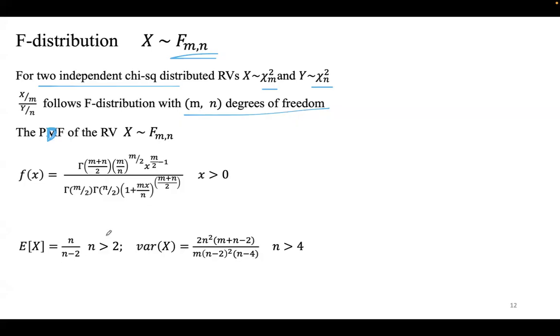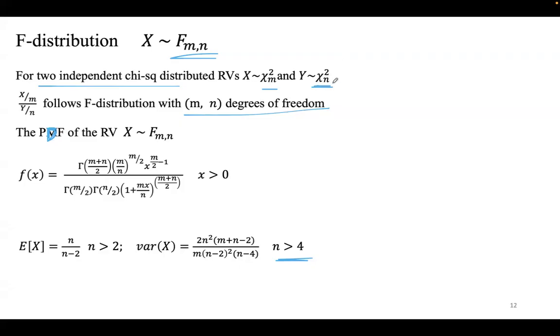So based on this, we can say that n has to be greater than 4, because otherwise this value would become 0 and the whole thing is going to become infinite, right? That can't happen. So n has to be greater than 4 for this.